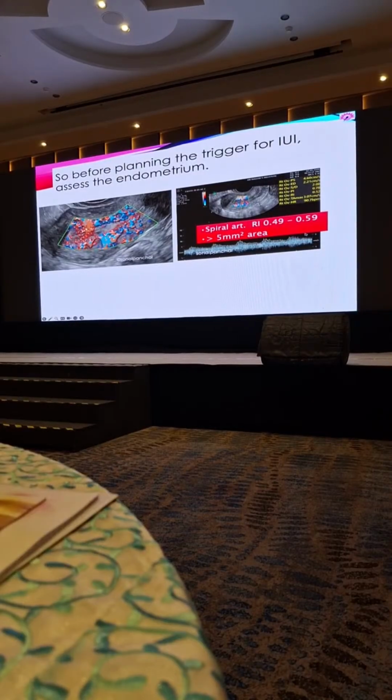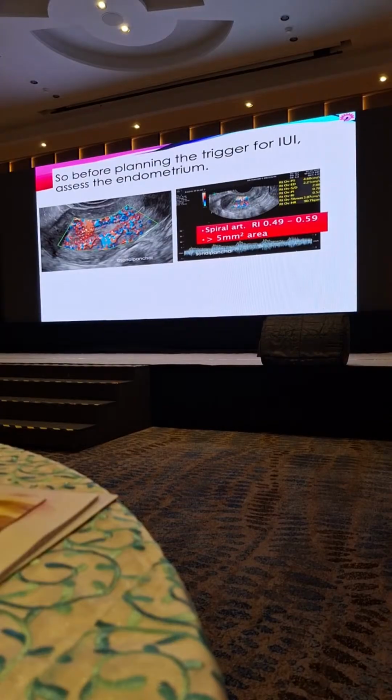Let me repeat the follicular and the endometrial parameters both. Follicle at least 16 to 18 millimeters, covering at least 2/3 to 3/4 of the circumference, RI less than 0.5, PSV more than 10. For the endometrium, at least 6 millimeters. Morphology may be A, B or C, not a problem.